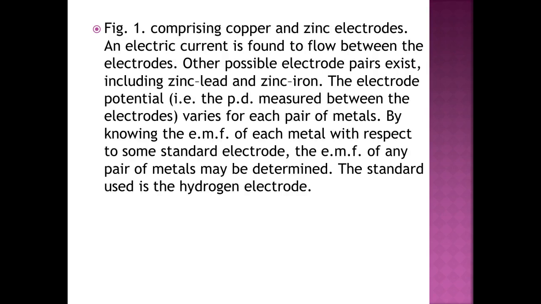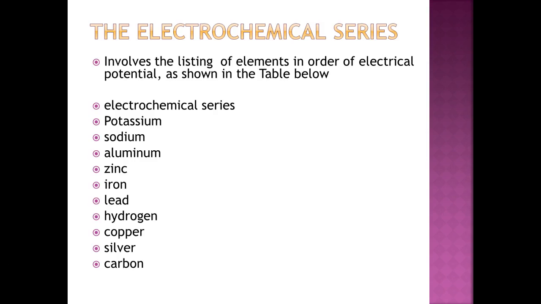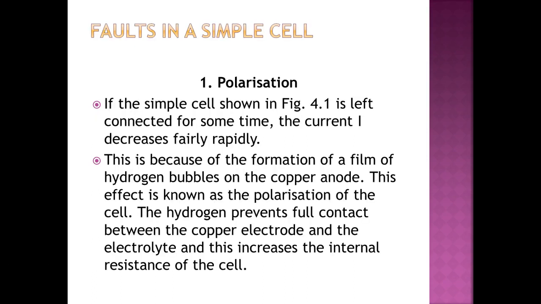As you can see in the other slide, we have the reactivity series, the electrochemical series, where potassium is at the top, highly reactive, through to carbon, and we can look more at the reactivity series.